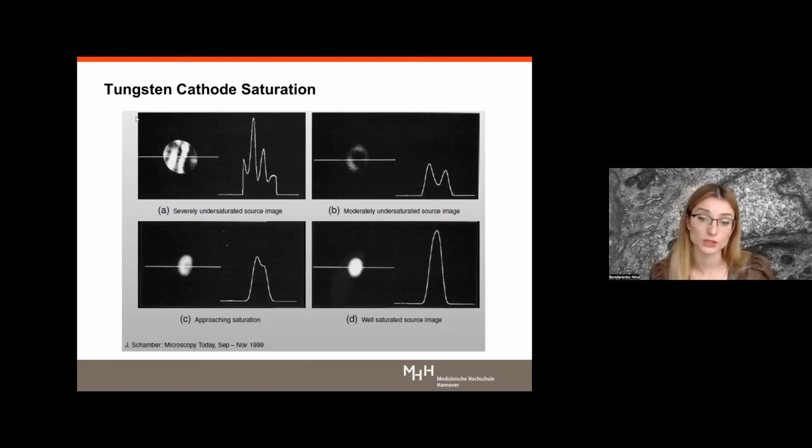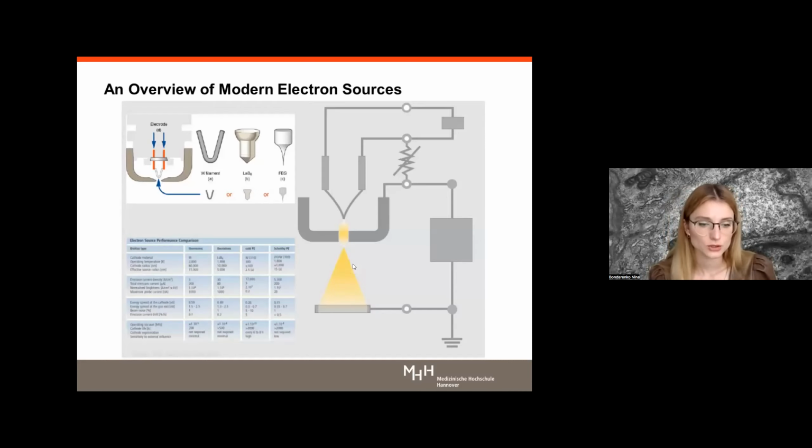So usually when we adjust and prepare our electron microscope for work, we saturate our cathode by changing the current that passes through the tungsten needle, and as a result we receive this well-bright and well-illuminated electron microscopy beam, and we're ready to start our investigation.